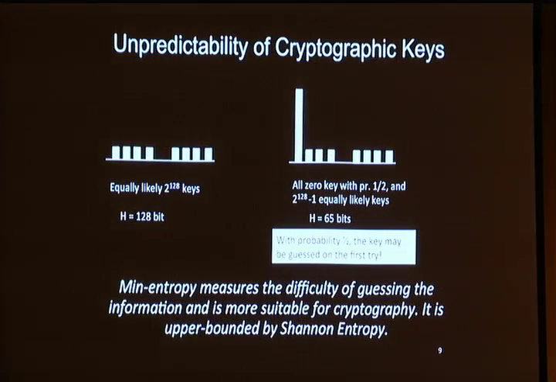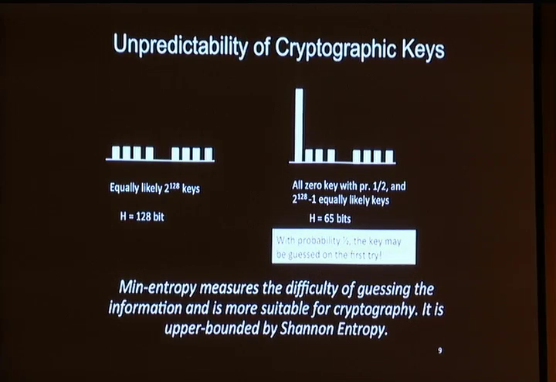Okay. So in crypto, we're not really worried about the performance of compression algorithms. Now we're interested in the predictability of our keys. So we don't want our keys to be predictable. Let's assume we have a block cipher which takes 128-bit keys, and we select our key randomly from the whole set of possible keys.